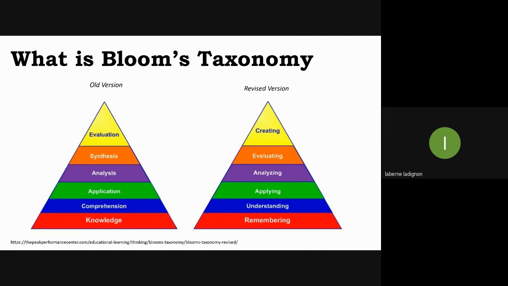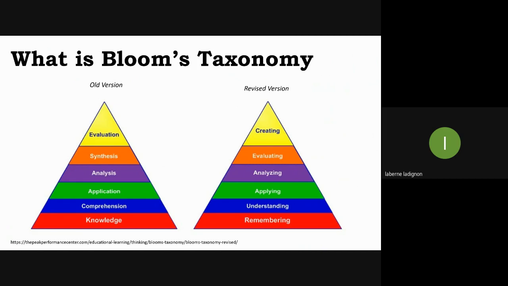Maybe some of us are aware of these old versions, because we used them during our college days or when we were in high school or maybe elementary. So this time, let's identify the cognitive levels under the revised version of Bloom's taxonomy. The lowest part of the revised version is remembering.